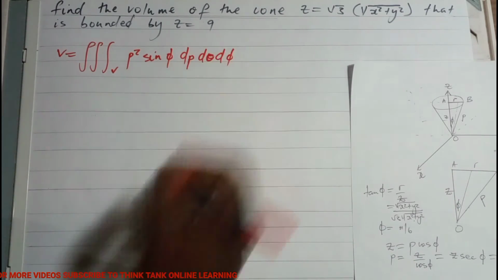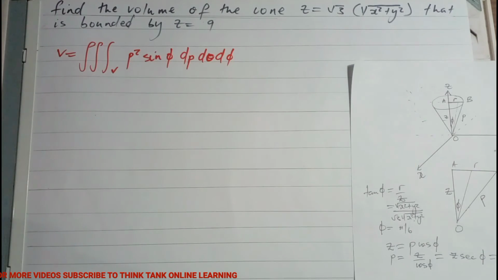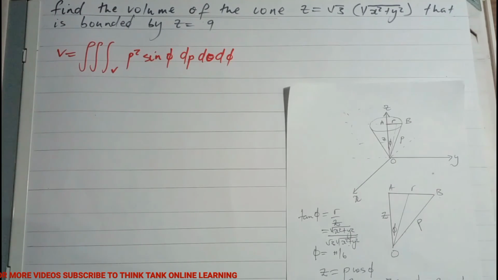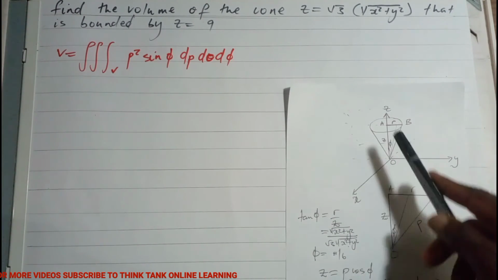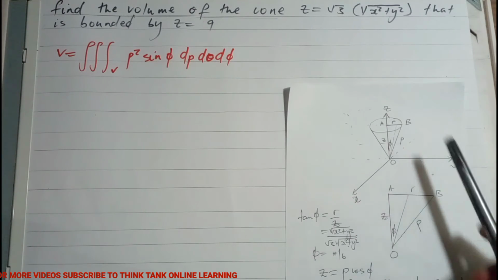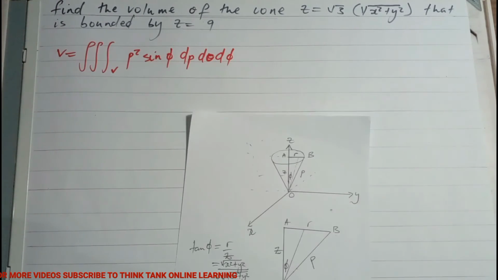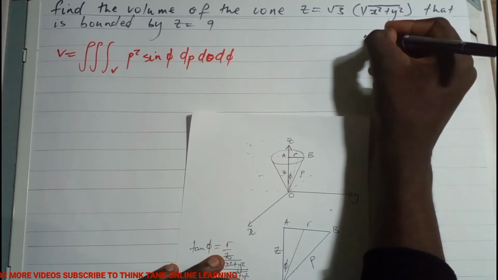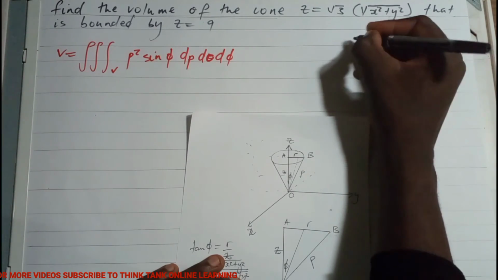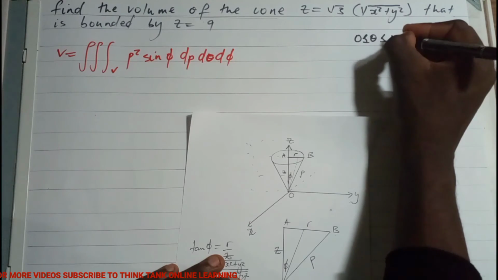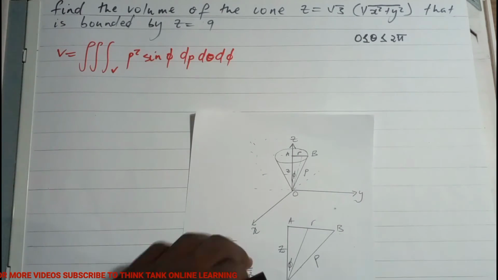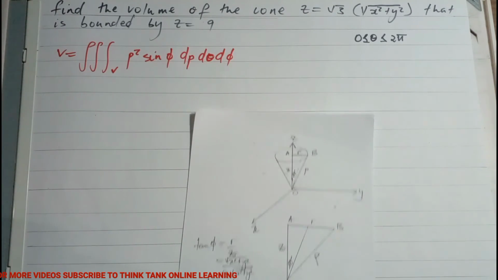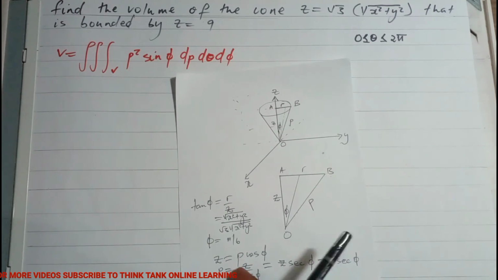From the first example, we've seen that the top part is a circle, so the shadow is going to be circular. That means theta, which is the angle, ranges from 0 to 2 pi. This is rho, sorry.